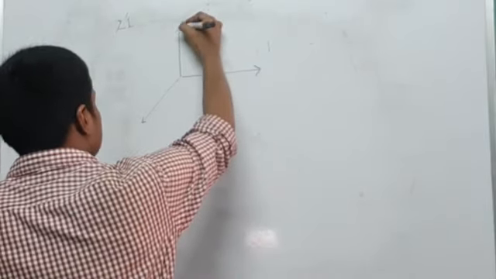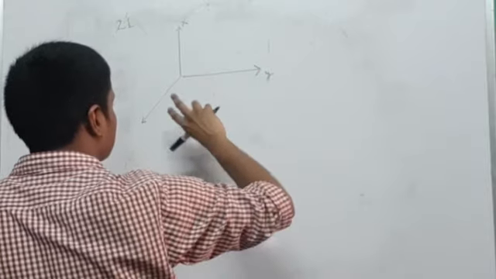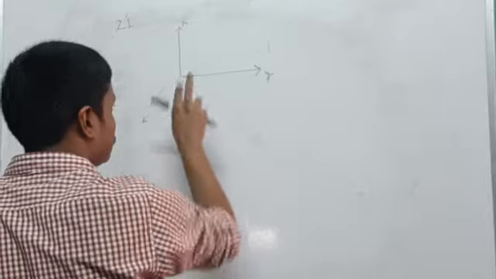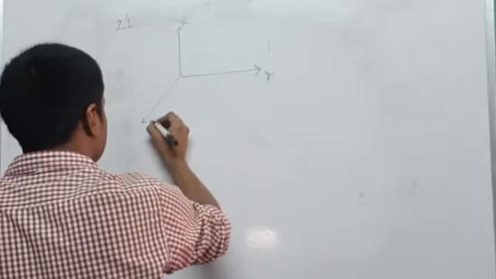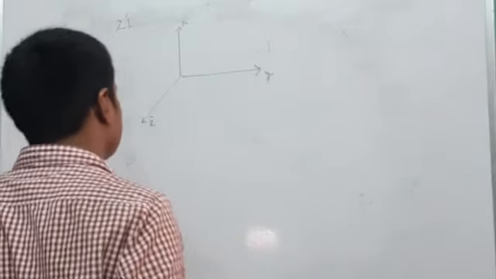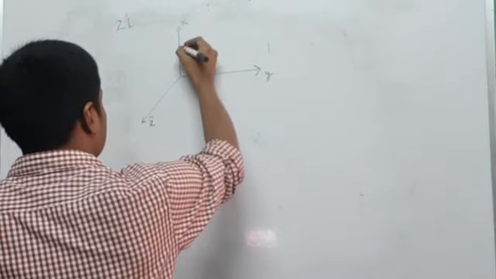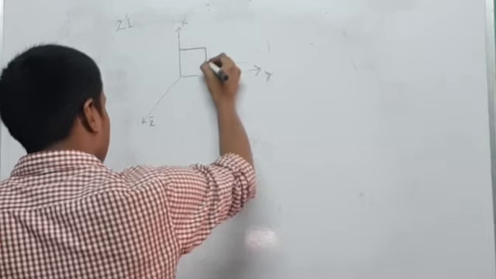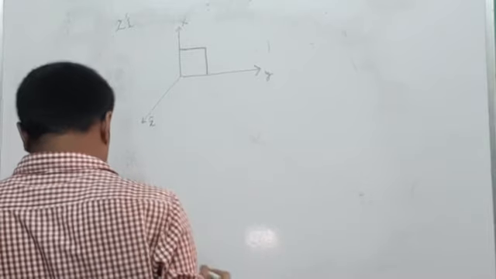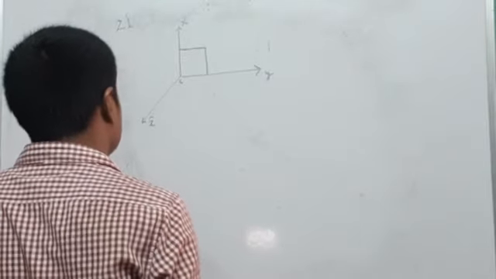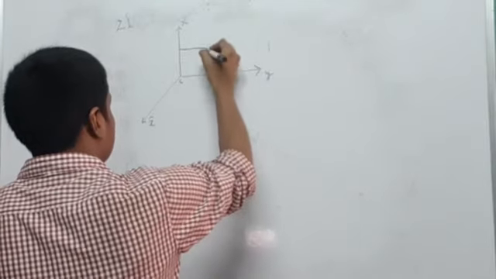Let this be x, this be y, and if you apply the right hand rule, this should be called z. The square loop is placed in the first quadrant of the xy plane with one of its vertices at the origin. So this is one of the vertices, and it is of side L.